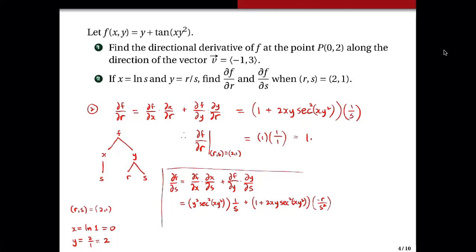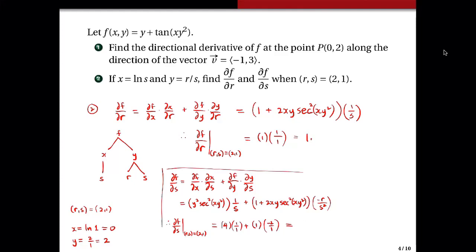So, if we evaluate partial f with respect to s at the point r comma s equals 2 comma 1, what do we have? We have 4 times 1 over s, that's 1 over 1, plus again this guy here, it's 1, and then in here negative r over s squared, so you will have negative 2 over 1.